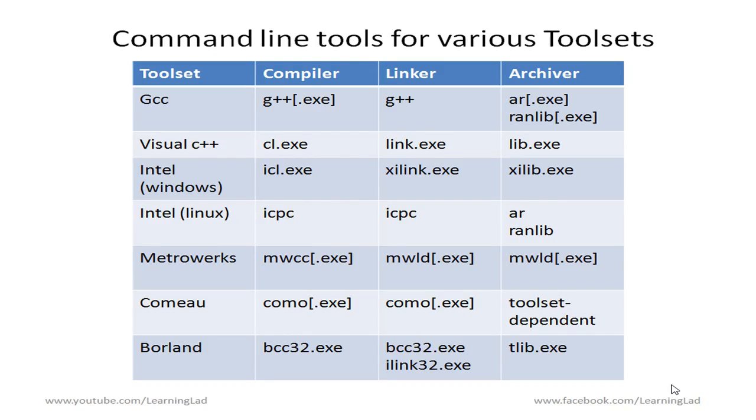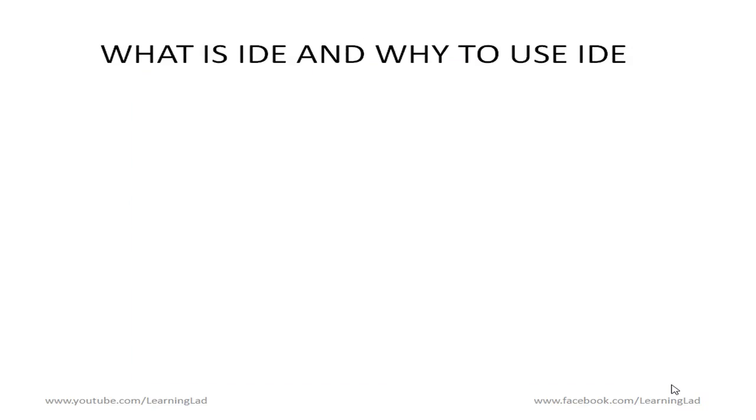Similarly, for a Visual C++ toolset, we have their specific compiler, linker, and archivers. And similarly for Intel, for Windows, Linux, Metrowerks, Comeau, and all these different toolsets contain different compilers, linkers, and archivers.